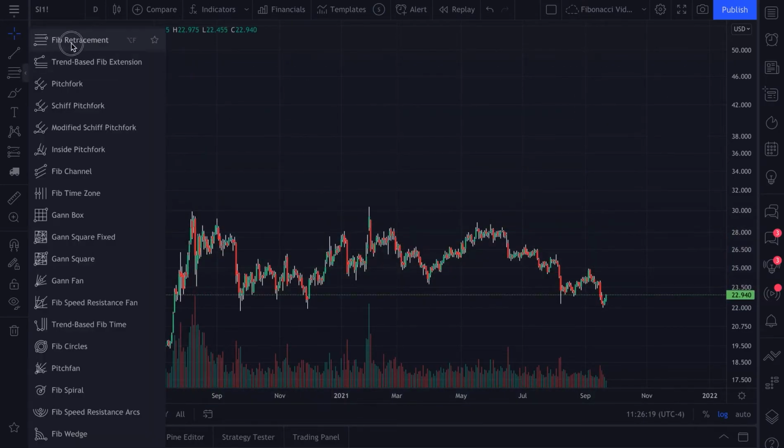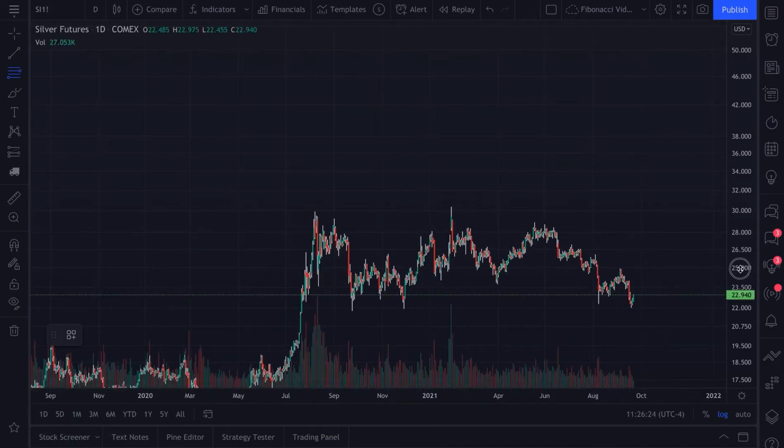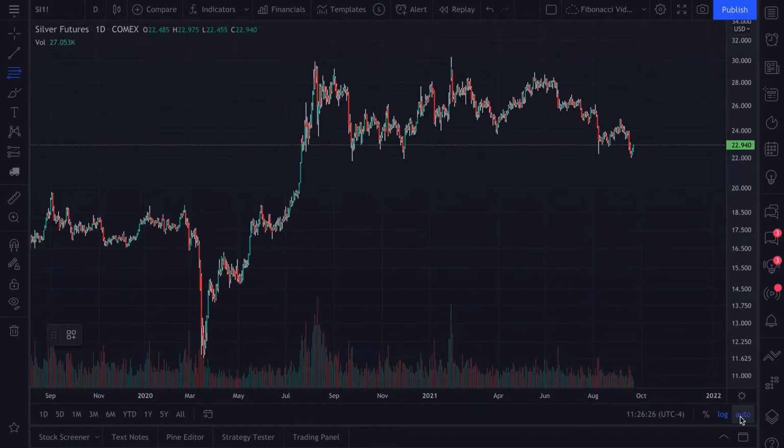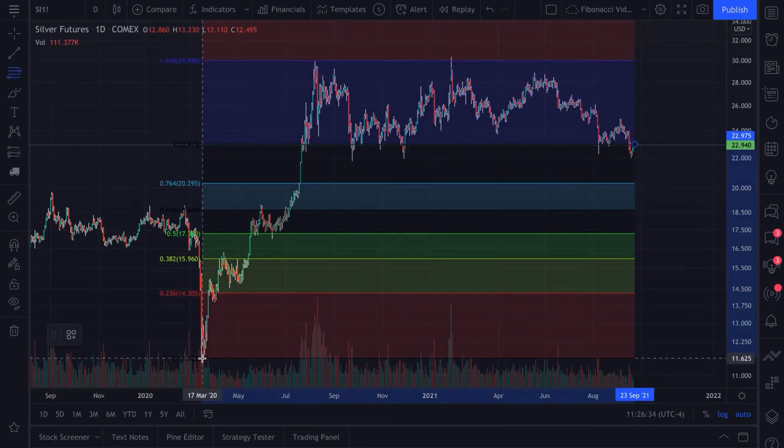You could also go to the Fibonacci retracement tool and click the current price today. So let's actually click the current price today and work our way backwards all the way to this huge crash low. This was the COVID-19 crash in March of 2020. And now let's click.